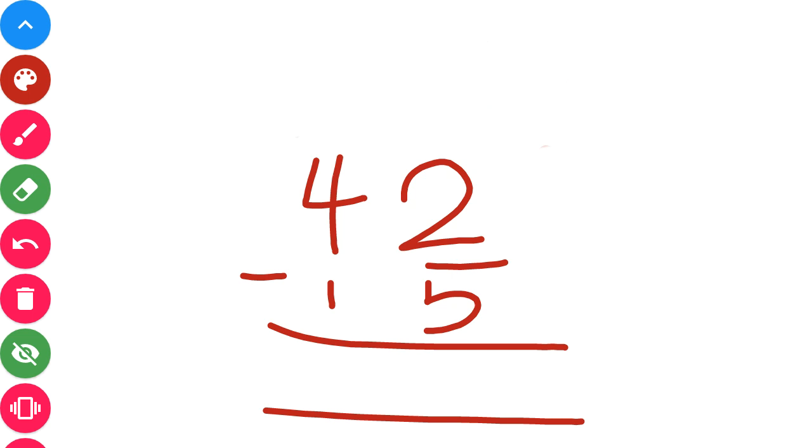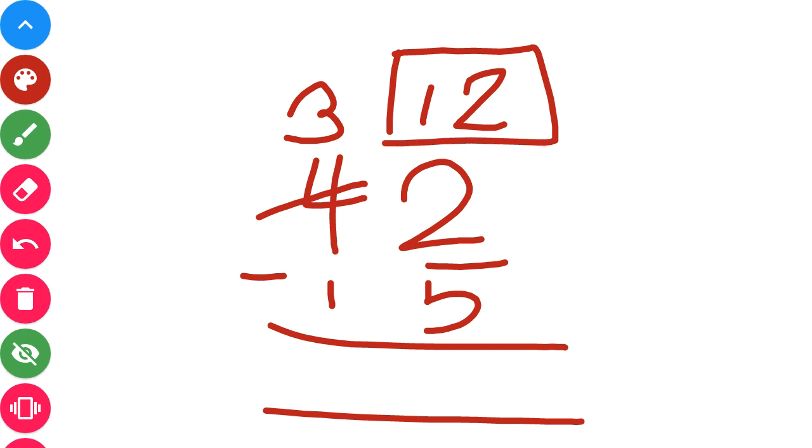Okay, so we have 4 at the tens place. Now 2 will say, 4 bhaiya, please give me some number. So how much will 4 give? 4 will give 1 ten. So when 4 gives 1, how much does it become? It will become 3. And this number 2 will become how much? 12.